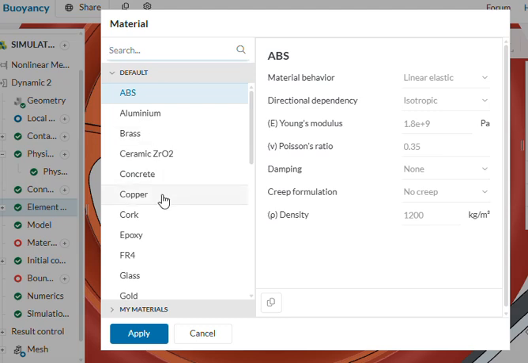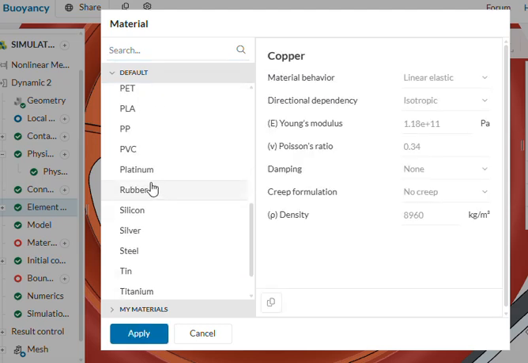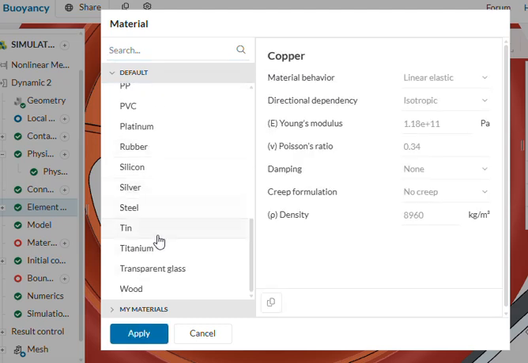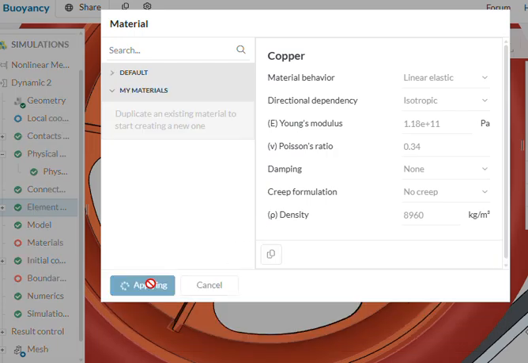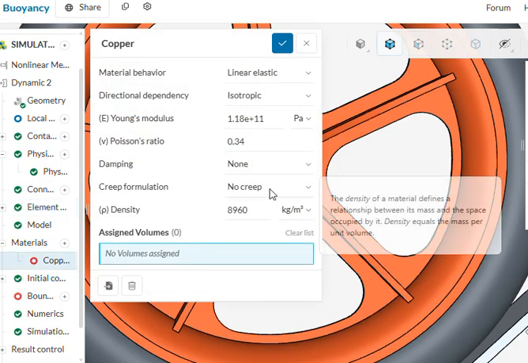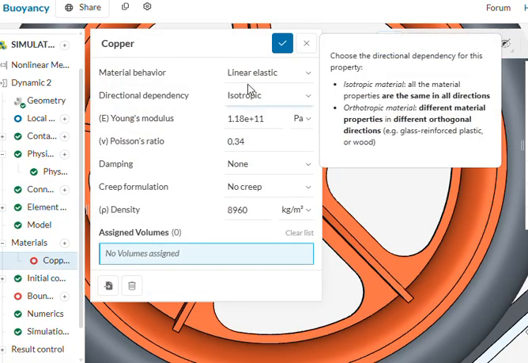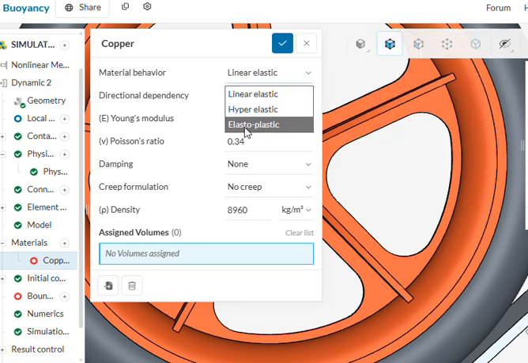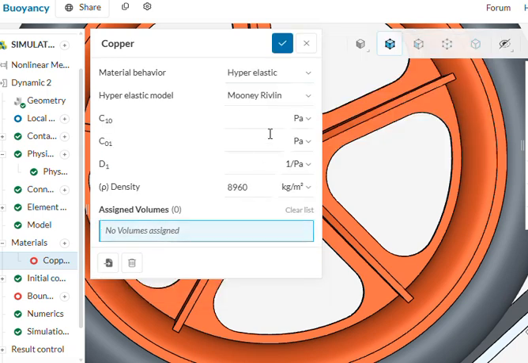Let's try. This was rubber. So let's try wood. Does it change? It's isotropic. It's great. Make it hyperelastic.